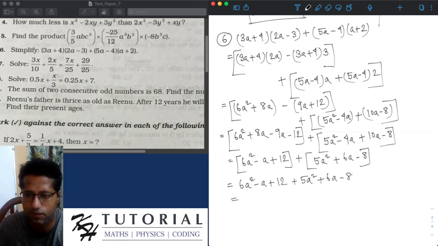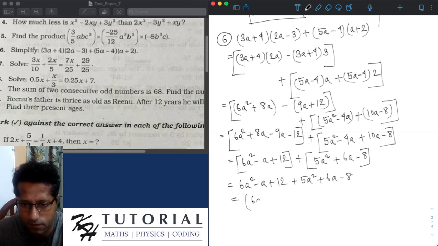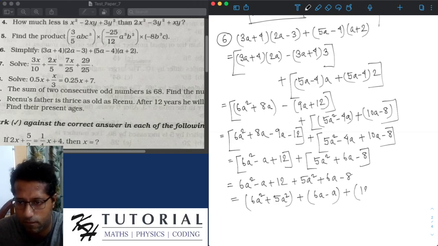Now again finally we have to add the like terms. So let's group the like terms. We have 6a square plus 5a square, we have 6a and minus a, and finally we have the constant terms 12 minus 8.